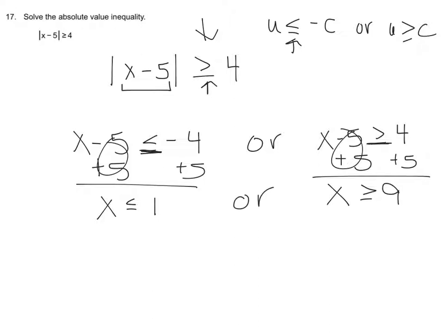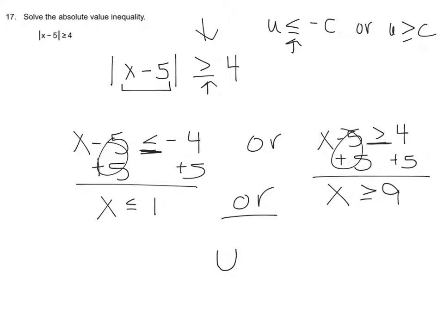So x is less than or equal to 1, or x is greater than or equal to 9. In order to write this in interval notation, since this is an or statement, I'll have 2 intervals, and I can express that as a union of 2 intervals.